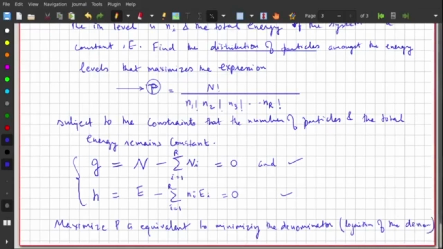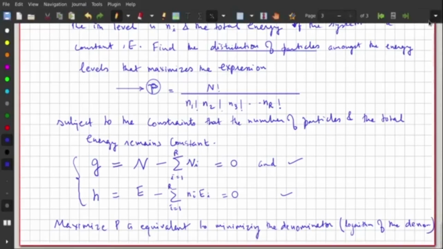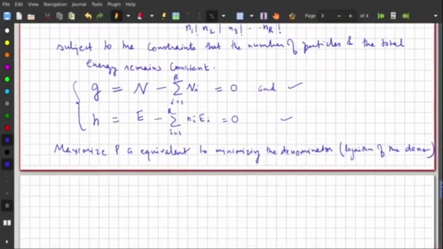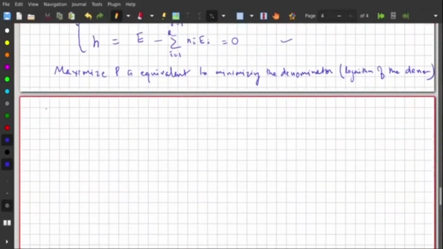So we cast the maximization problem for P as a minimization problem, because we want to minimize the denominator. The function that we are trying to minimize is f equals log of n1 factorial, n2 factorial, n3 factorial up to n sub r factorial.